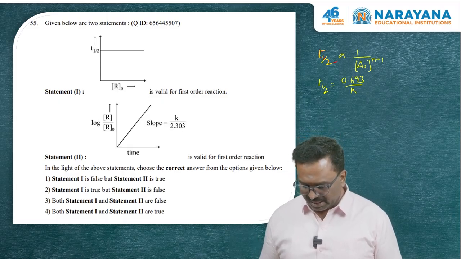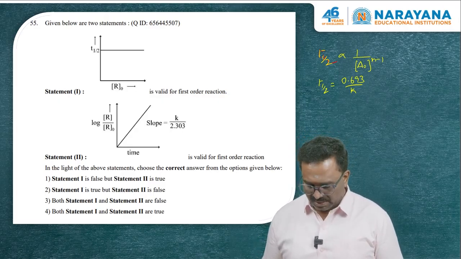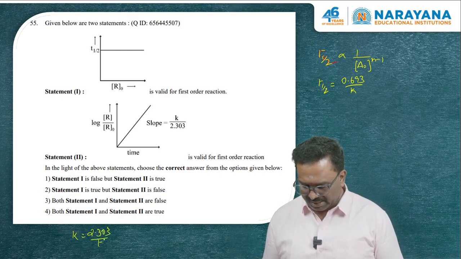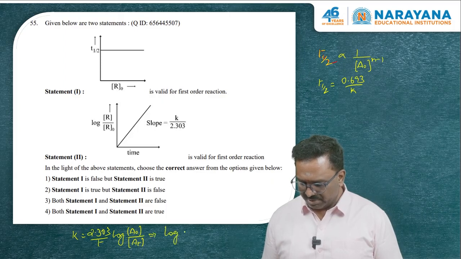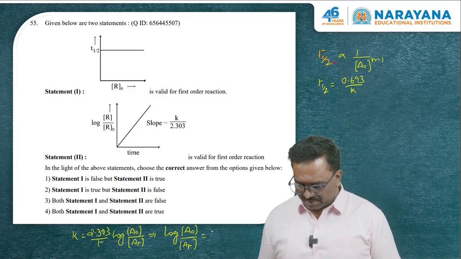When we see statement 2, log R by R naught versus time. Actually for the first order reaction, the rate constant is 2.303 by t log of initial concentration by concentration at time t. So log of concentration at initial state by concentration at time t is equal to kt by 2.303.